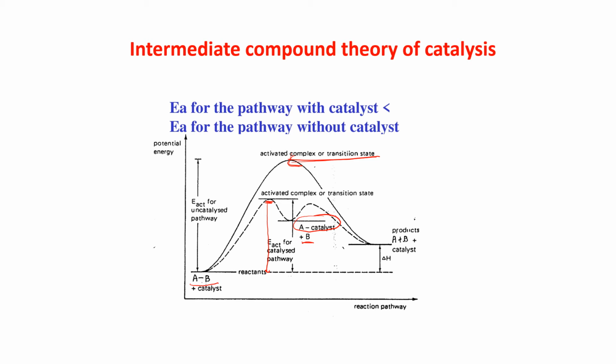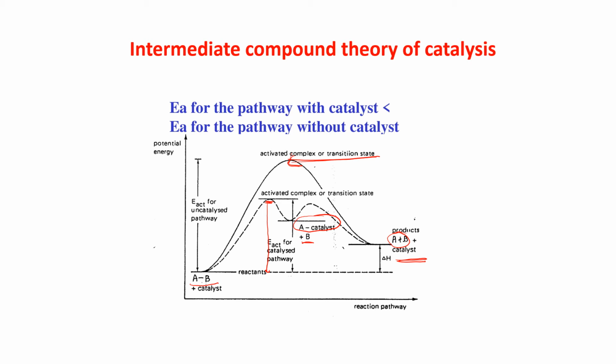You can see this is the activation energy of the previous one. So they have to cross much less energy than the previous one. And then after that, when they cross that energy barrier, they are reacting with B and giving the product AB, and the catalyst is coming out without taking part in the reaction.